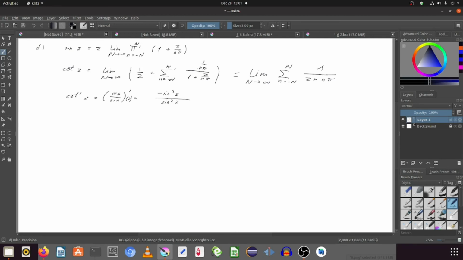And then cosine times this differentiated. So it gives minus 1 divided by, and that comes from differentiating this, the limit of the infinite sum up here.